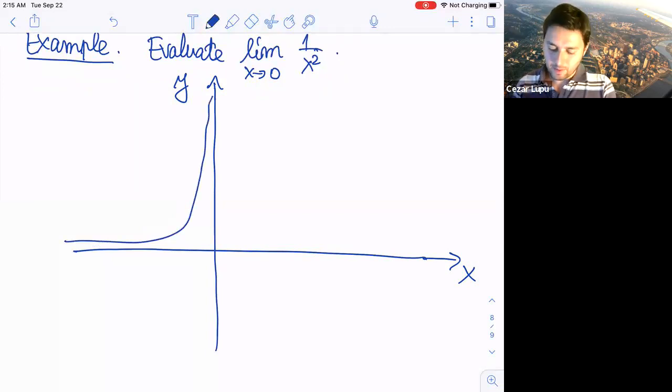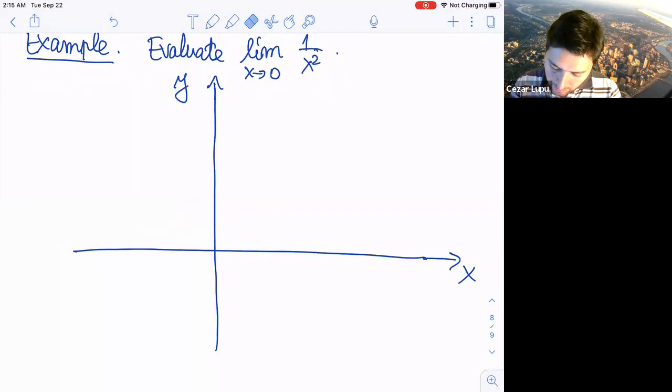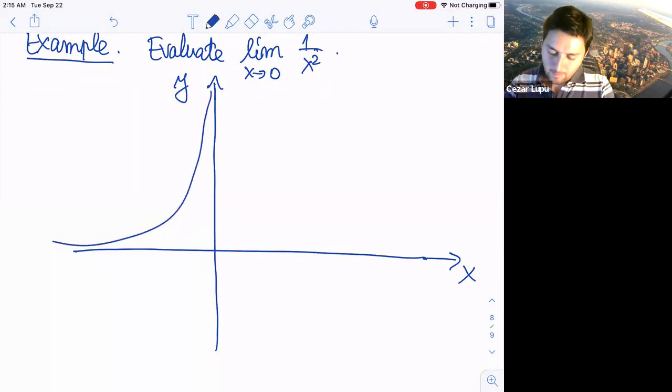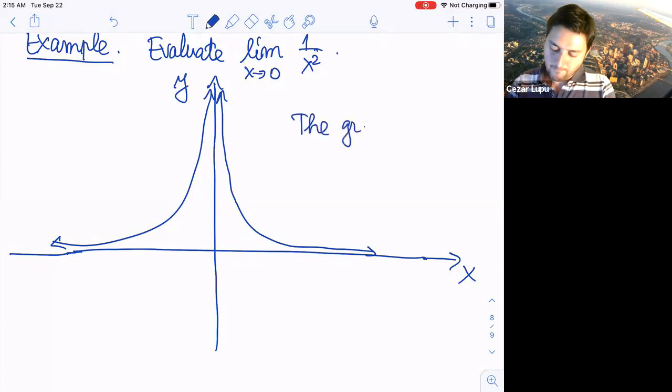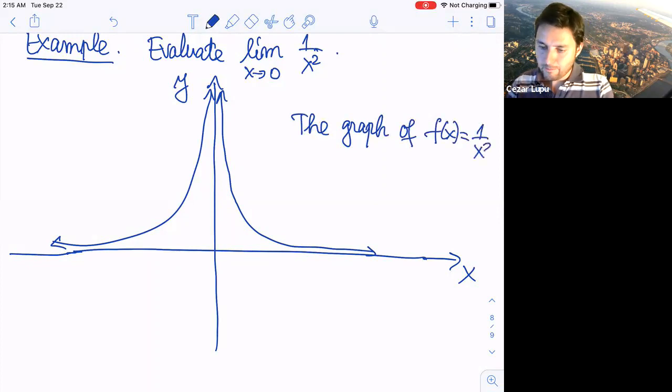Okay, well, not quite like this. Okay, let me draw it again. All right, so this is how the graph will look. Well, this is the graph of f of x equals 1 over x squared.